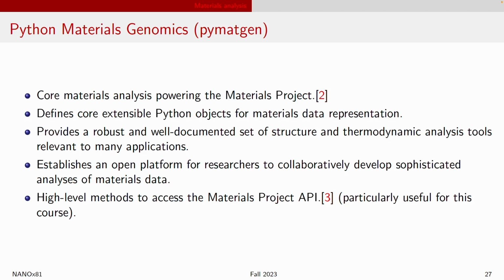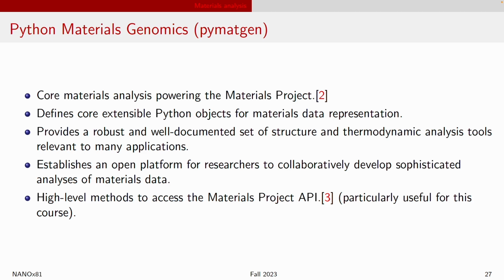So what does PyMatGen do? It basically defines core extensible Python objects for various types of things that you will work with in materials, okay? So things like what is an element, what is a composition, what is a crystal structure, what is a molecule, all these things are defined within PyMatGen.